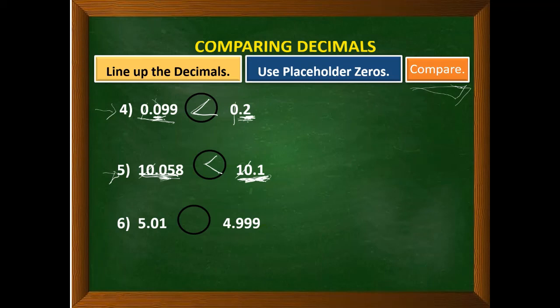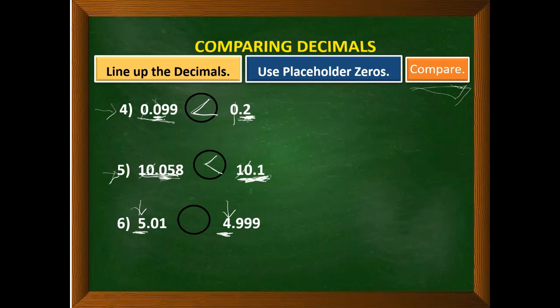Let's have number 6. So we have 5 and 1 hundredths compared to 4 and 999 thousandths. Again, let's start comparing from the whole numbers, from left to right. So we have here 5 wholes compared to 4. Which is higher, 5 or 4?